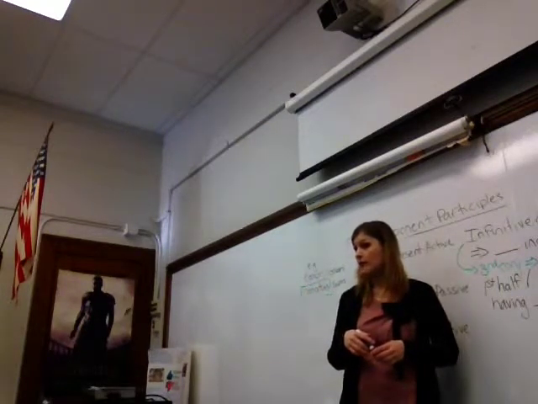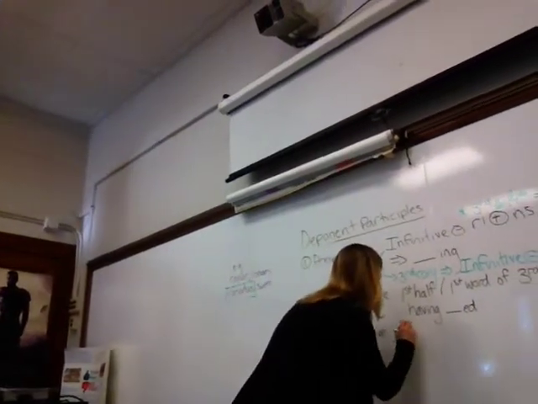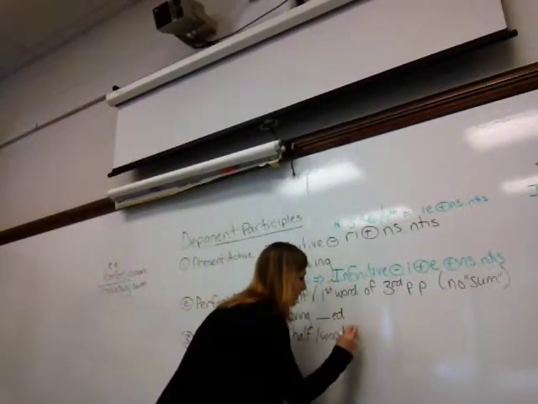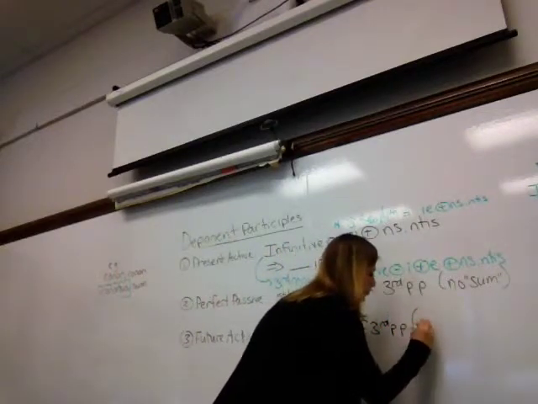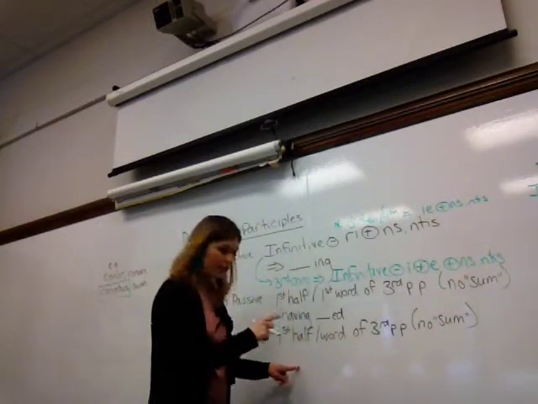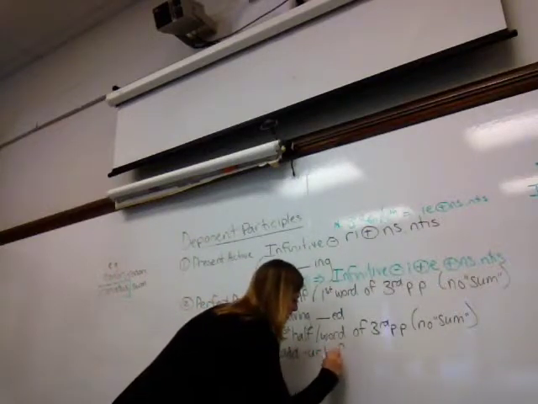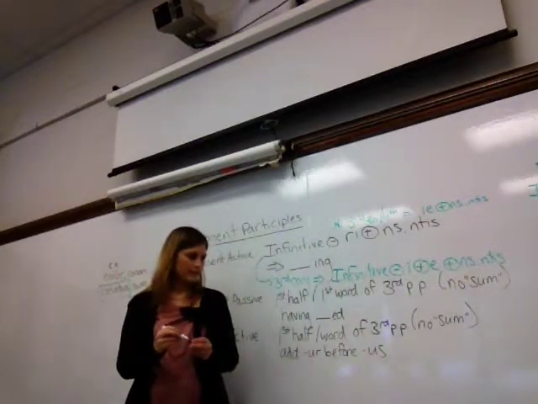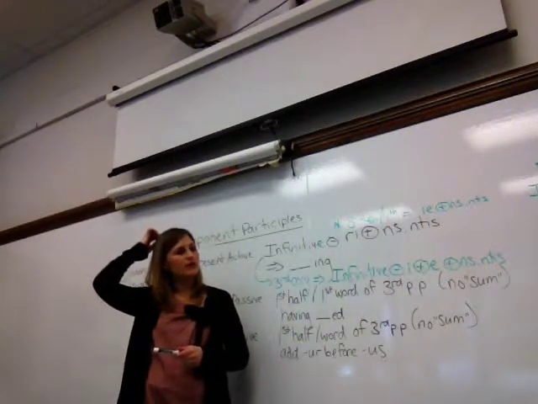Right. So you're going to do the same process where you're using the first half, the first word of the third principal part. No sum. To that, you add UR before your US. Our future active participle translation stays the same.